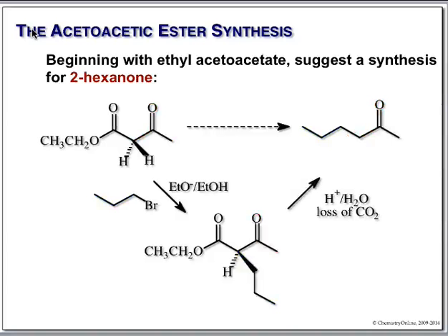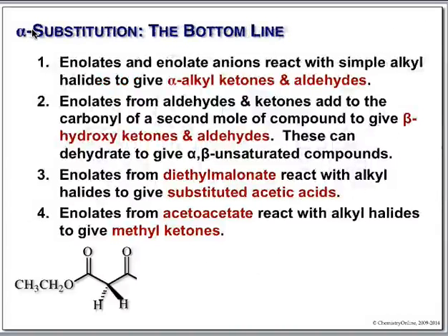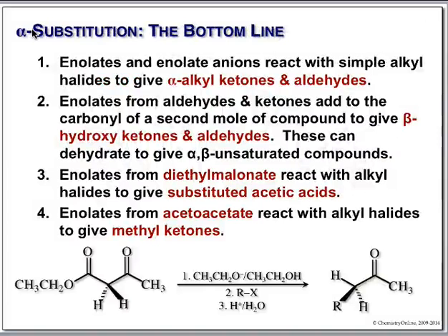Here we make methyl ketones. Number 4 on our list. Ethyl acetoacetate, alkylate it, decarboxylate it, so we lose the ester moiety altogether, and we make a substituted methyl ketone.